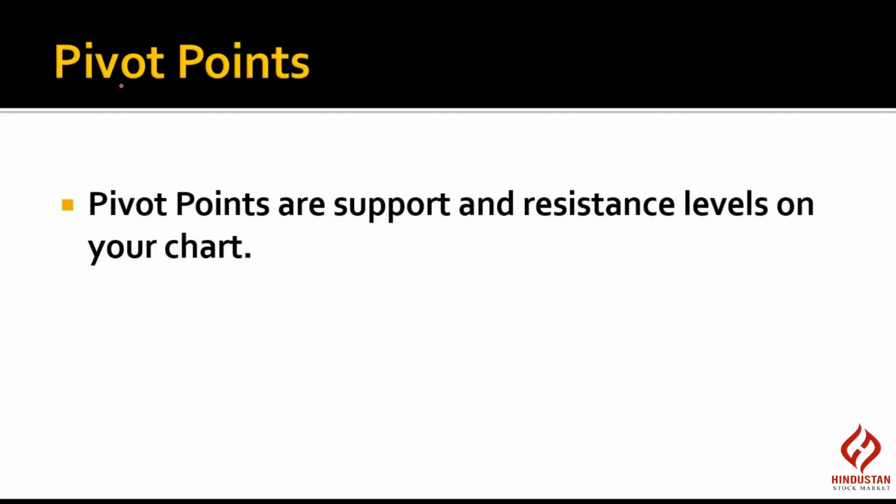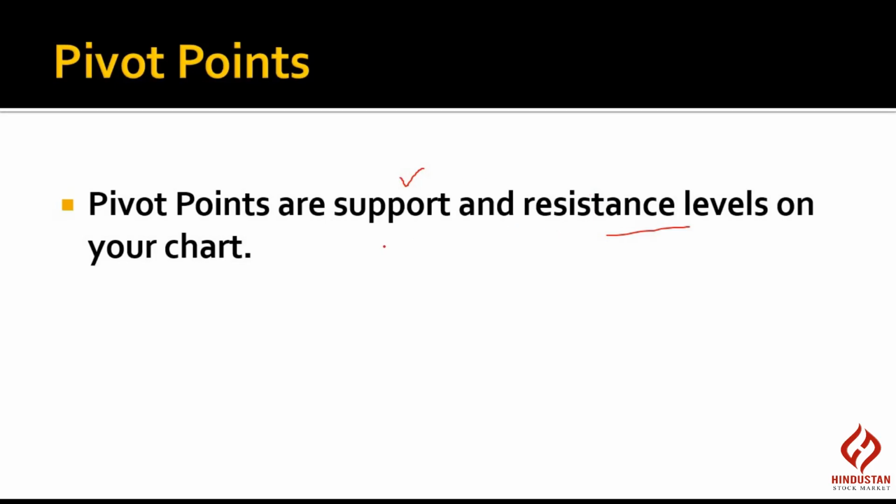Now another important tool to identify support and resistance is pivot point. Pivot point is an important indicator which we use in technical analysis. Pivot points are nothing but important support and resistance levels on your chart.